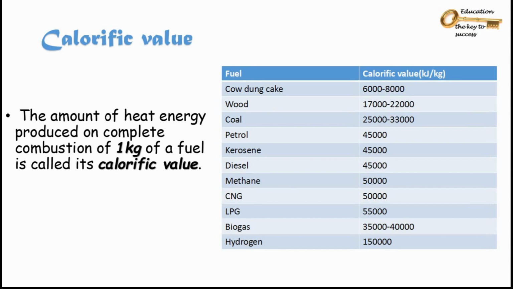Indeed. So if you want to drive a very heavy train, let's say on diesel or biogas or hydrogen, obviously you can do it, but you can't really drive a train on cow dung cake fuel.